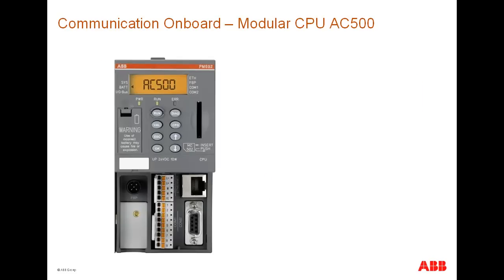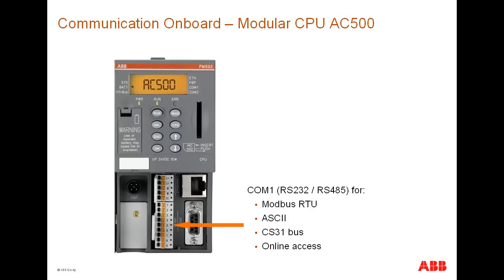Now, we talk a bit more about these communication options that are on board with the AC500 PLC controllers. As seen on the screen, for the modular CPU, the COM2 port is linkable through a 9-pin female D connector, or a 9-pin terminal block in case of COM1, and supports both RS-232 or RS-485 protocols by default. It is possible to configure these serial ports to support Modbus RTU communication either as a Modbus master or as a Modbus slave.